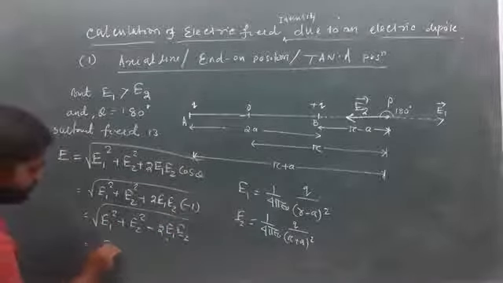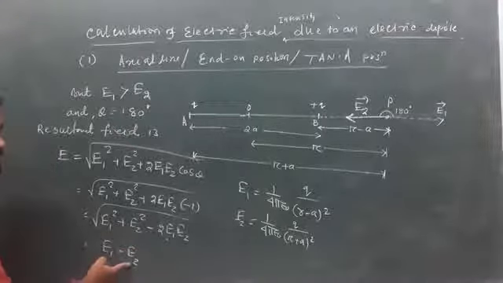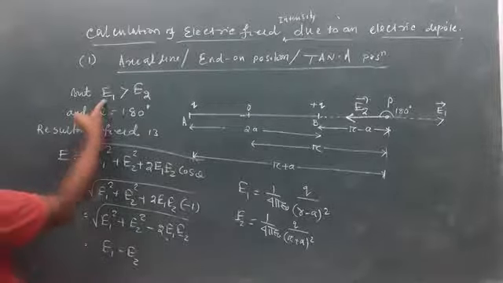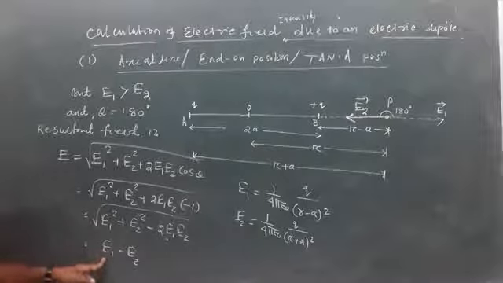So that will be E1 minus E2, because E1 is greater, so E1 vector minus E2 vector.